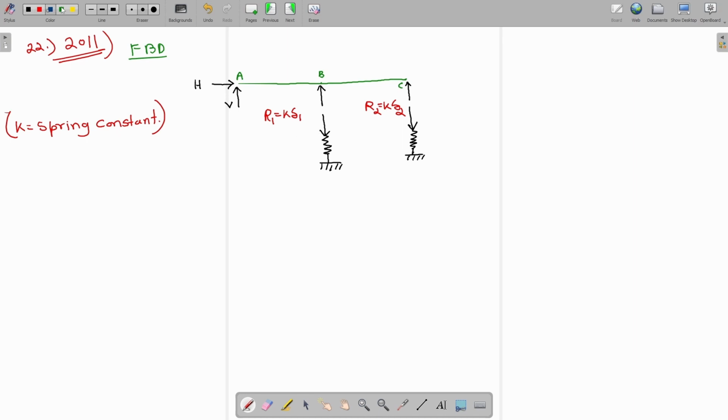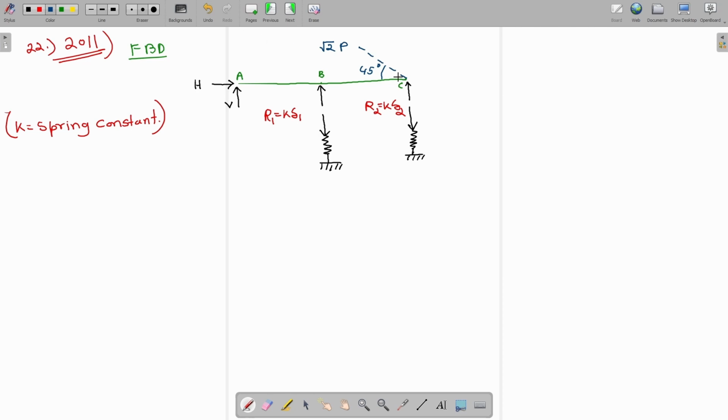Now, at this point, a load at 45 degrees is acting like this. This is root 2 P and the angle is 45 degrees.